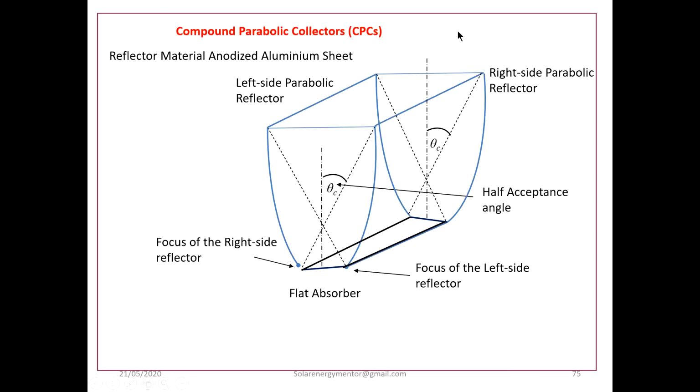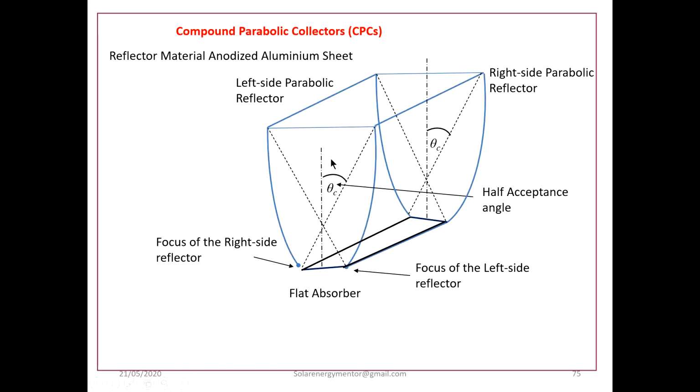When it moves further, it will cease to give energy on this absorber. So this becomes the limiting angle over which this collector absorbs the solar radiation.